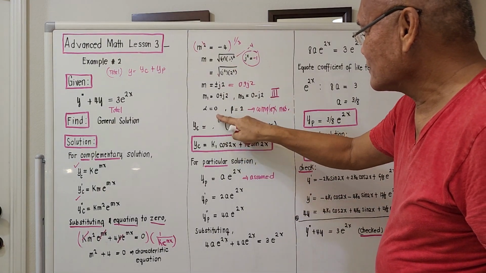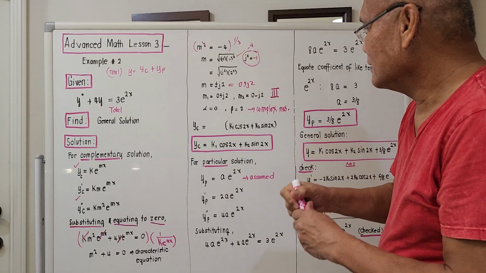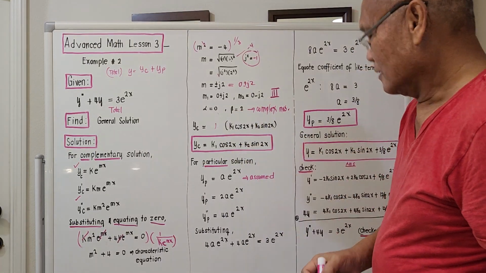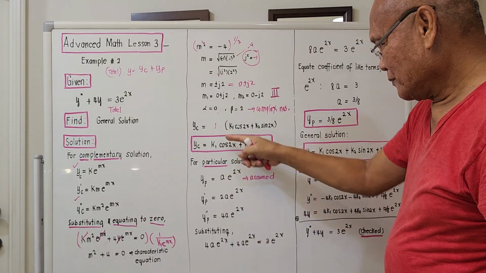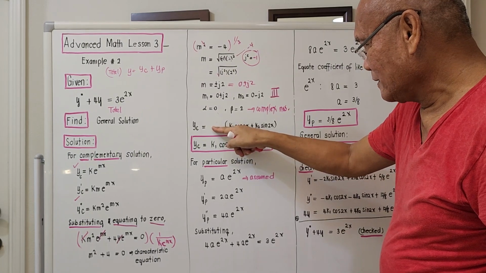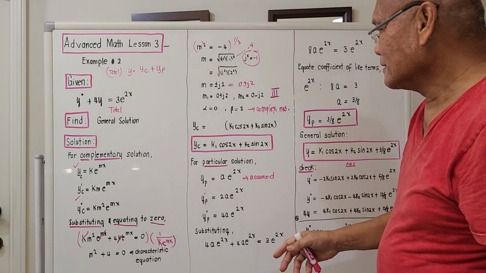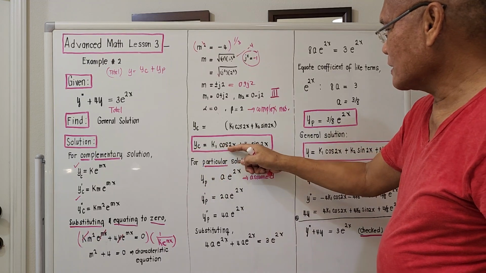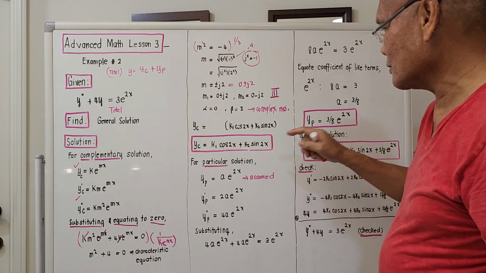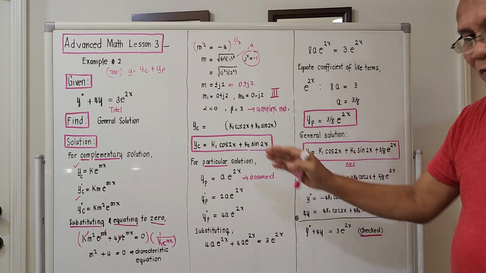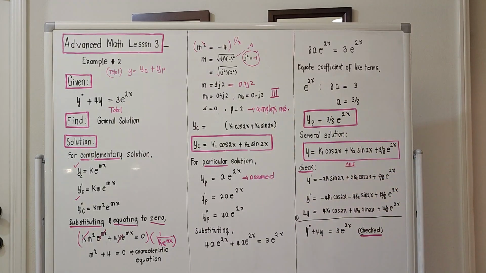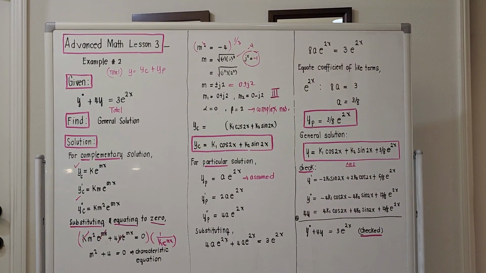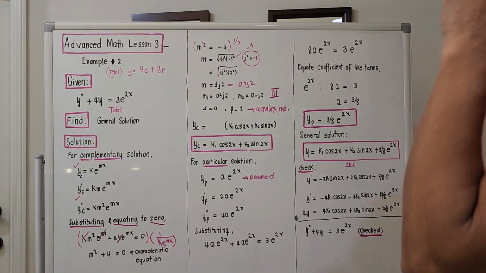So if this is 1, we could remove that 1, it's understood to be 1, right? Therefore, the complementary solution now will be k1 cosine of 2x plus k2 sine of 2x. That's the complementary solution. Okay, let's try to bring out the particular solution.